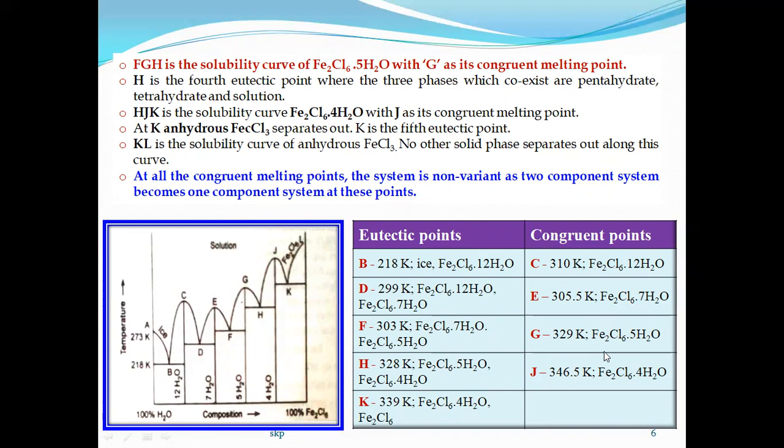Whereas four congruent melting points are observed: C gives the congruent melting point of dodecahydrate, point E of heptahydrate, point G of pentahydrate, and point J of tetrahydrate.